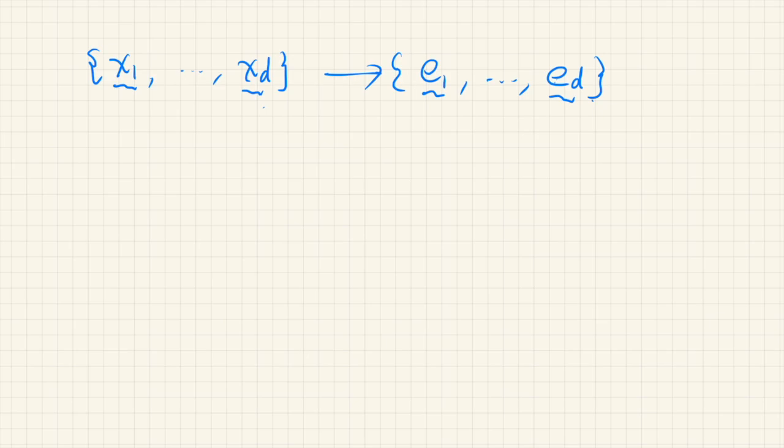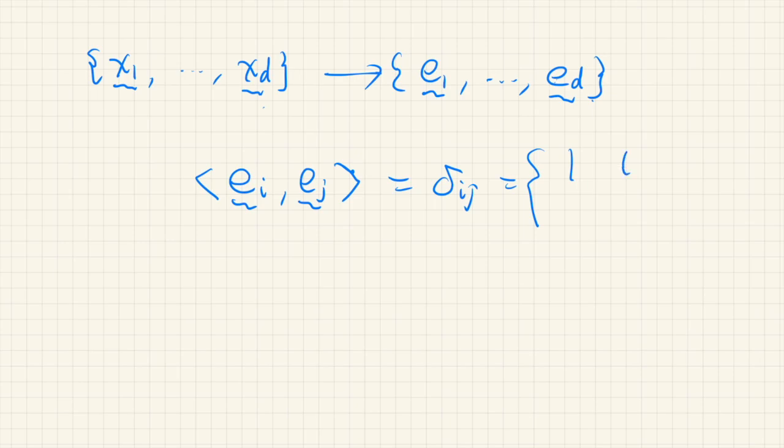Now consider the following problem. Given a basis of d vectors, find another basis such that they are orthonormal. That means the inner product between e_i and e_j is the Kronecker delta. So of course, the inner product is 1 if i is equal to j, or 0 if i is not equal to j.